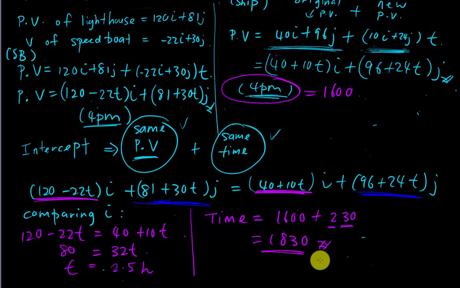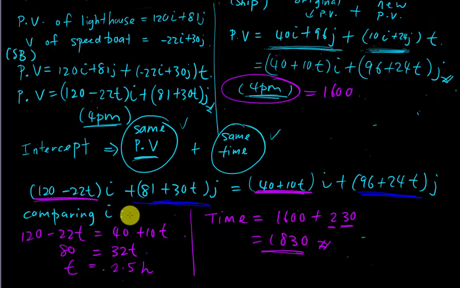Then the question wants to know the position vector. Since I know t equals 2.5 and I got the time also, I just substitute 2.5 into my t, and then I can easily get my position vector. In this case I don't need to compare j, because I only have one unknown t, and comparing the i already gave me the answer for t.